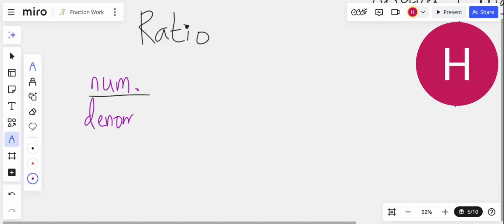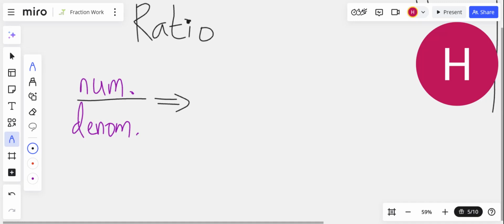But I'm going to help you use a really simple analogy for how you should think of a fraction. If you're having trouble with abstract stuff with fractions, you should think of the numerator as cookies. It's the number of cookies. Okay, so we have some cookies.